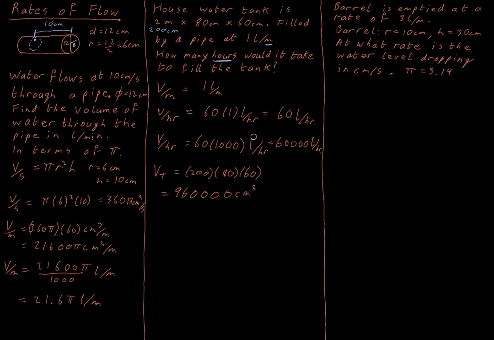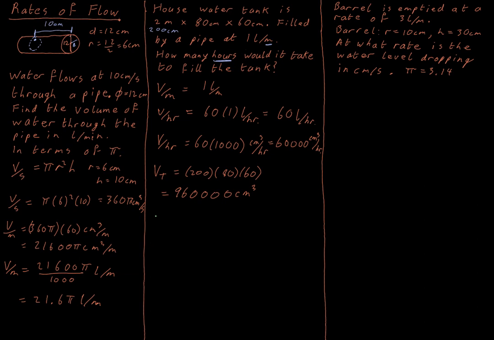cubed, and I have this written incorrectly, I apologize. I found my flow rate, I converted from liters, so this is centimeters cubed per hour and centimeters cubed. So I now know my overall volume, and I know how many centimeters cubed are being added per hour.